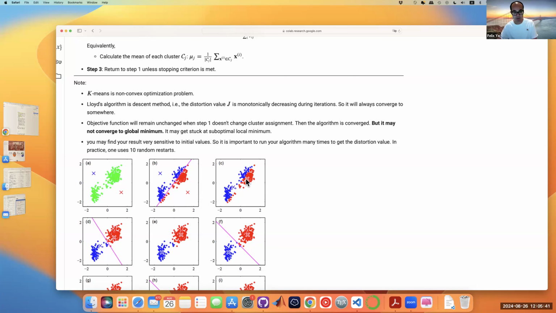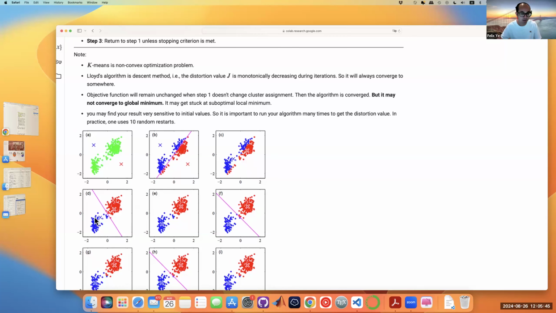Now you have these two centroids, and you redo the assignment of points to the nearest centroids. Now this becomes your blue cluster, and this becomes your red cluster.